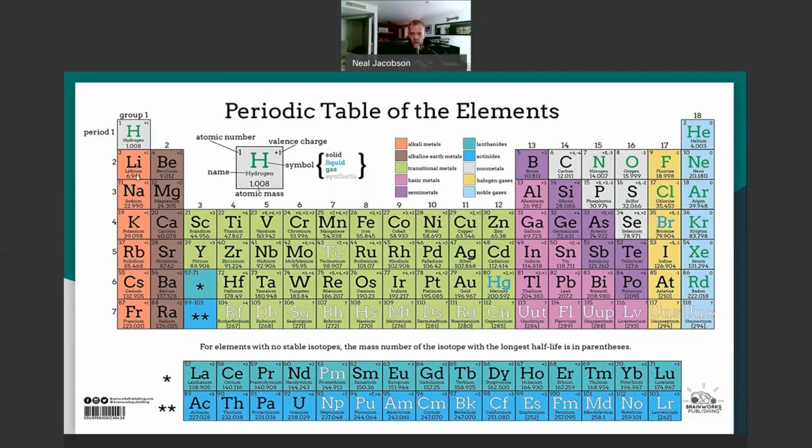Each one of these had its birthplace inside of a star. The reason why is because a star is the only object in the universe that has enough mass and enough energy to be able to add protons to the nucleus of an atom.